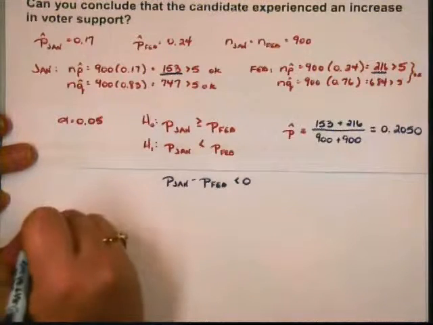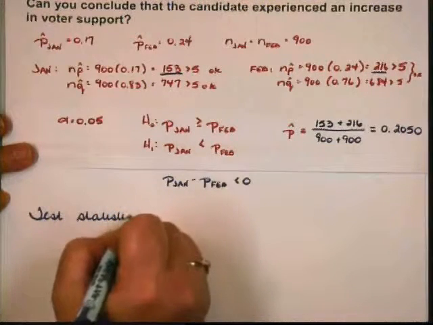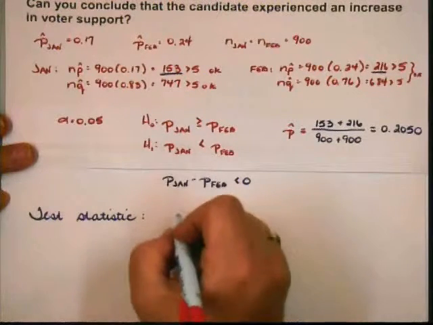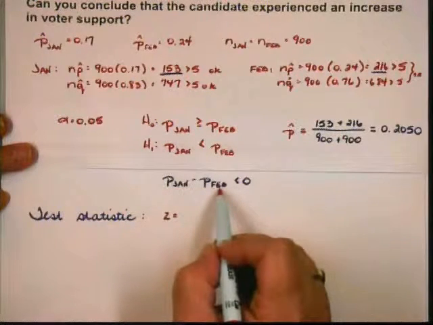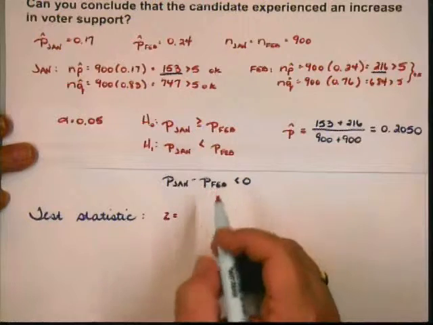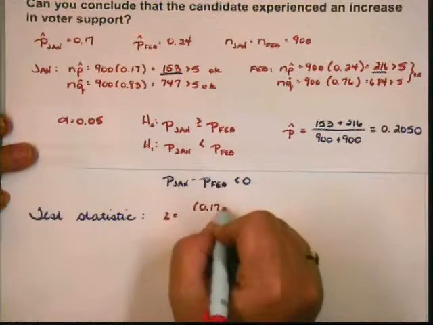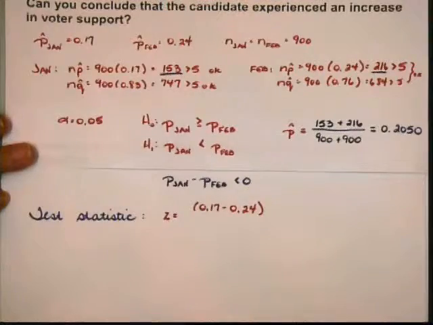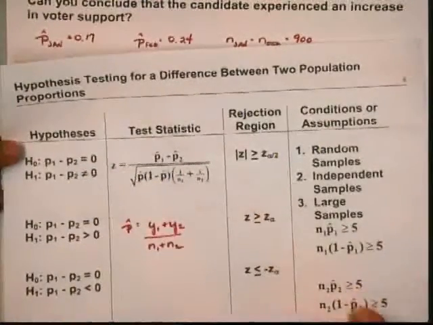All right, so our test statistic, the formula is off screen, but we should have our z-score. If we're going January minus February, then our proportions need to go in that same direction. January is 0.17. February is 0.24. We could write the minus 0. I didn't put it on there, but the hypothesized difference is 0, so minus 0 doesn't change things.